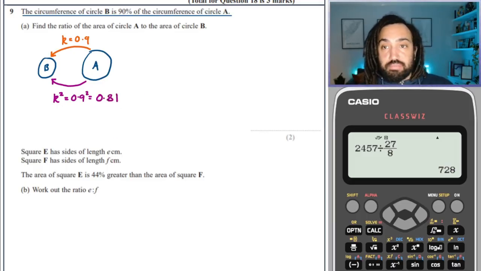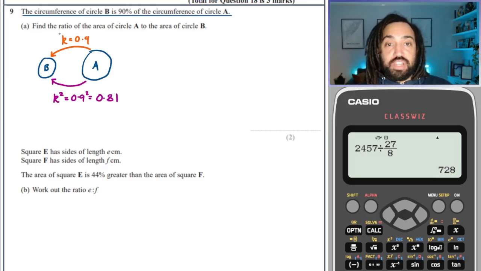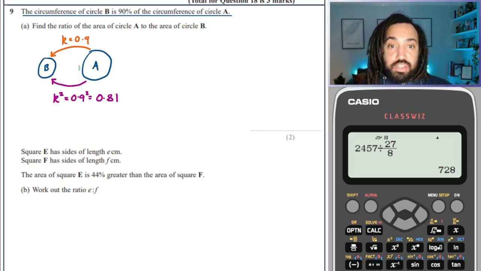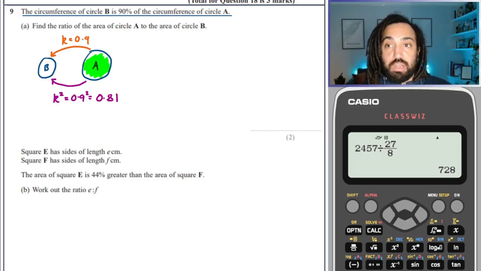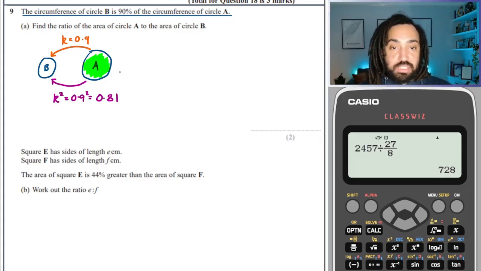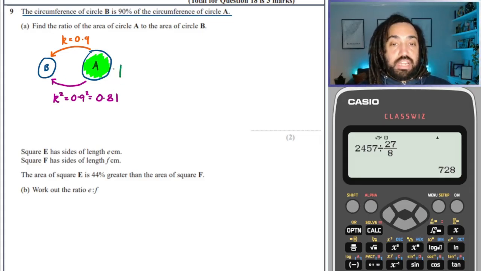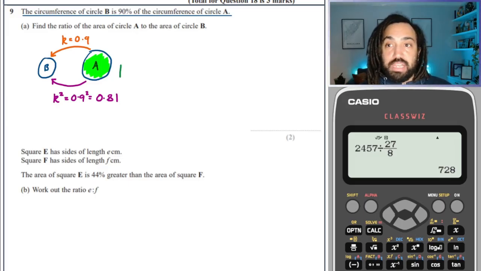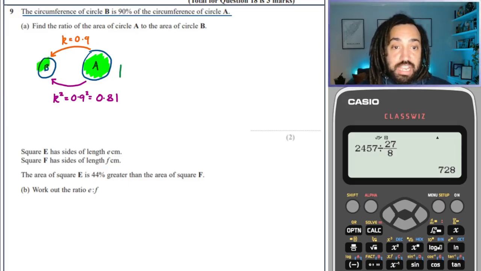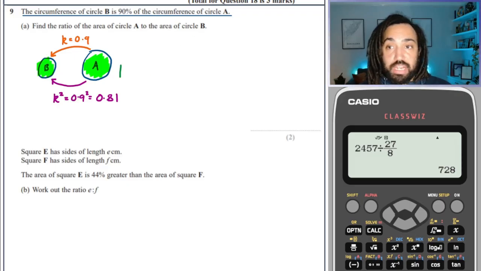Okay, and then it says find the ratio of A to B. Right, so if I just call the larger one 1, then the smaller one will have to times the area by 0.81, so it'll be 1 times 0.81, so it'll be 0.81.